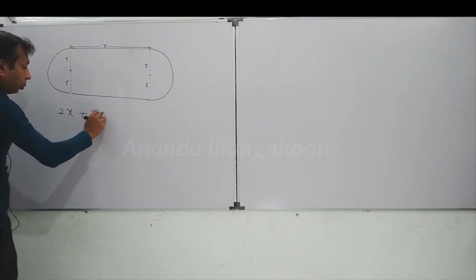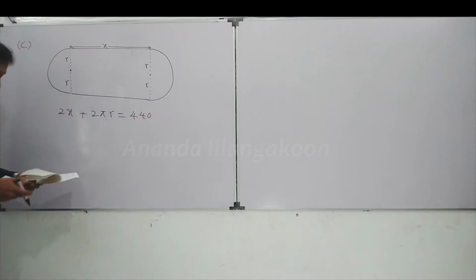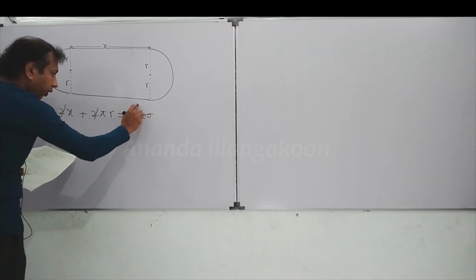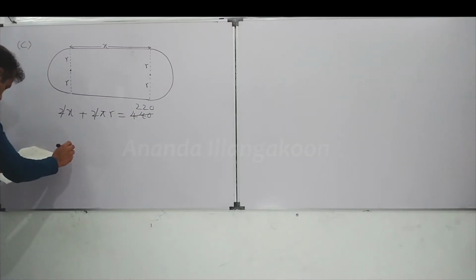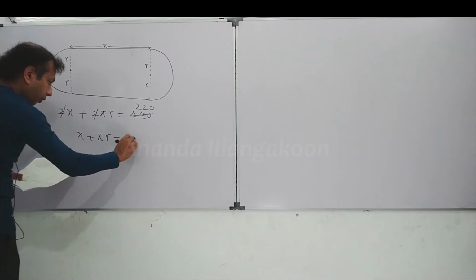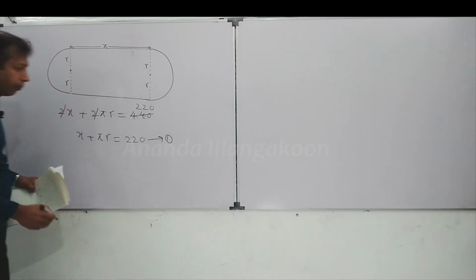Then the total is 2x plus 2 pi times r, which should be 440 meters. Dividing by 2, we get x plus pi times r equals 220. Let us take this as equation number 1.